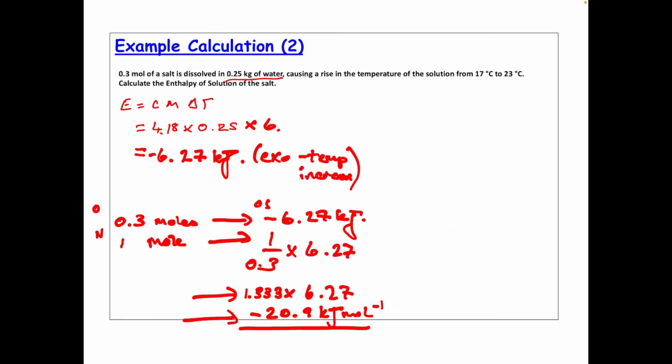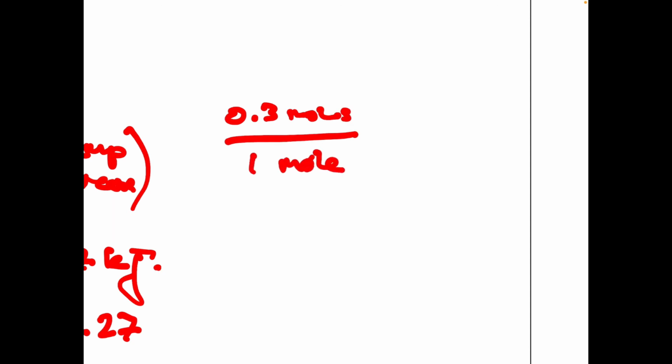Let's do the cross multiplication for those who need it. It's going to be 0.3 moles over 1 mole equals 6.27 kilojoules divided by x.